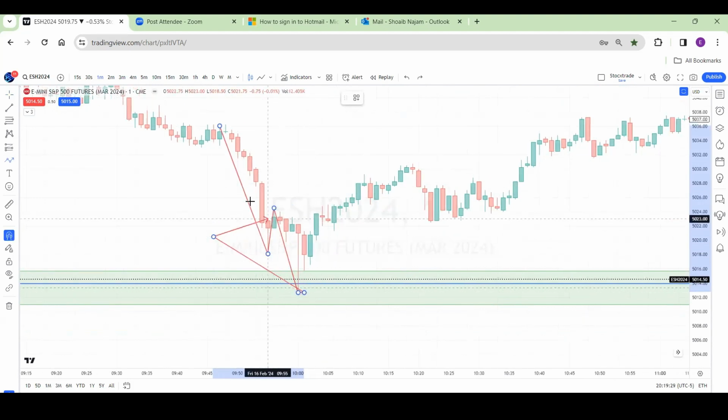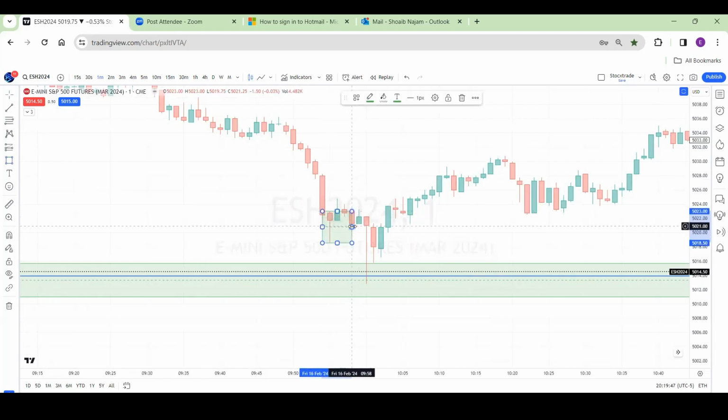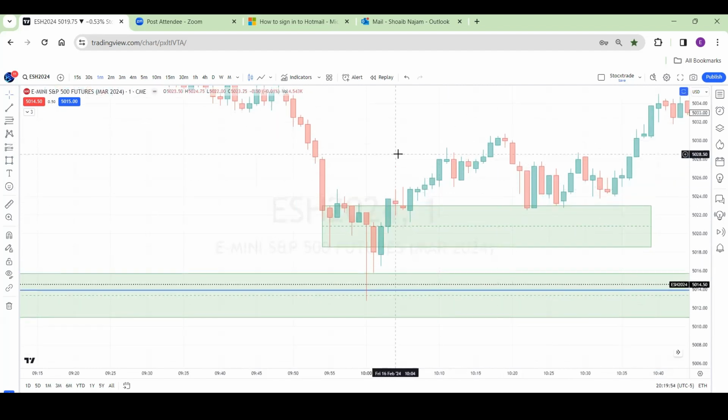So the second last low level is this. Just mark this candle as a demand zone. Once the market goes up, you will be looking for 2, 3 things.